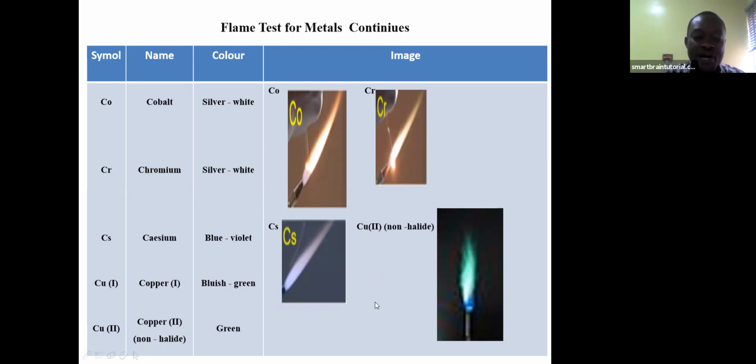Then now we have copper 1. Copper 1 will give bluish green. Copper 2, non-halide, that's copper 2 that is not attached to any of the halogens, will give green. You can see here a clean display of copper 2 non-halide. The test is giving a very bright green color.